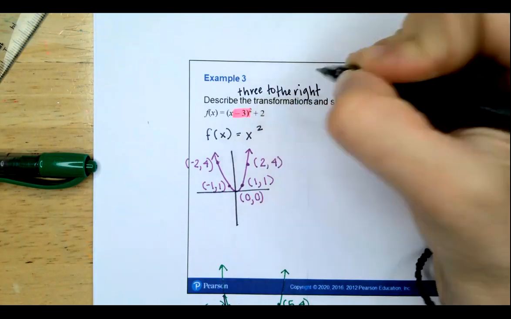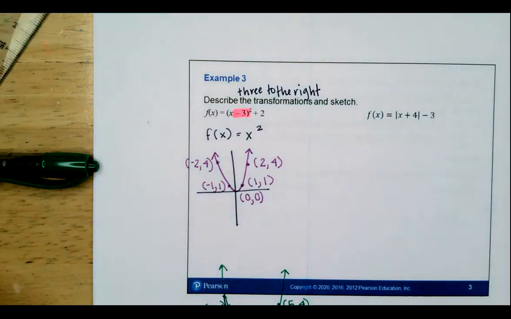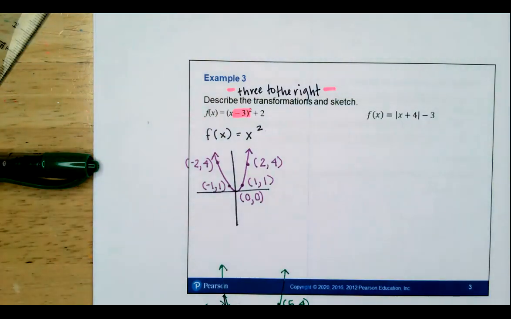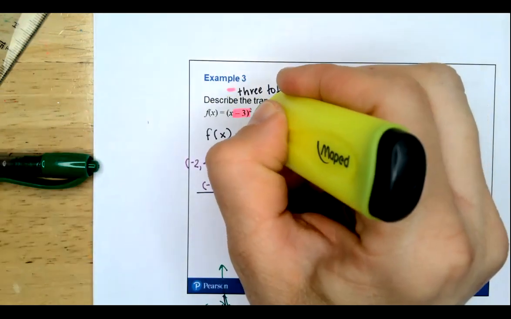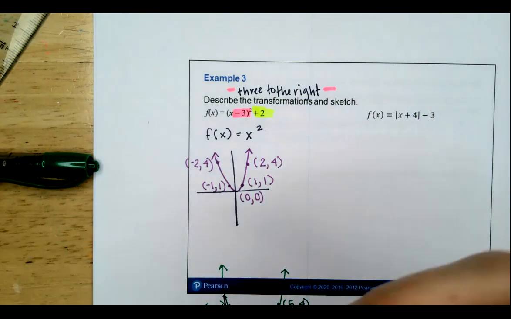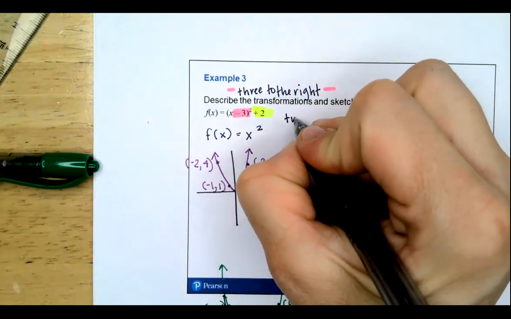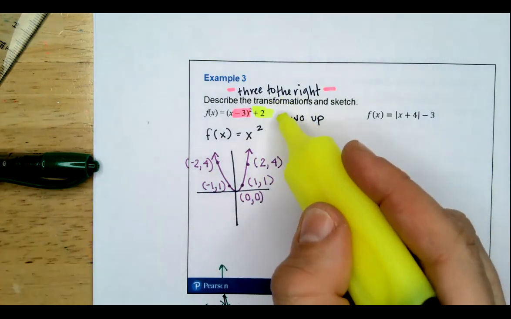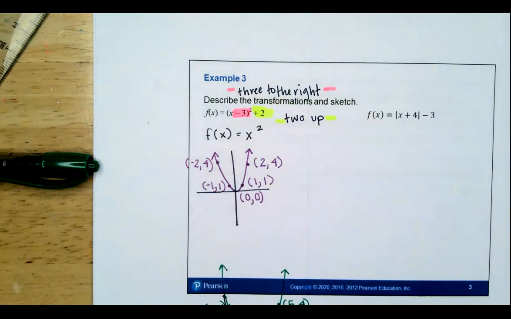This part meant 3 to the right, horizontal. Guess I need the plus sign too. And that part means 2 up, vertical shift.